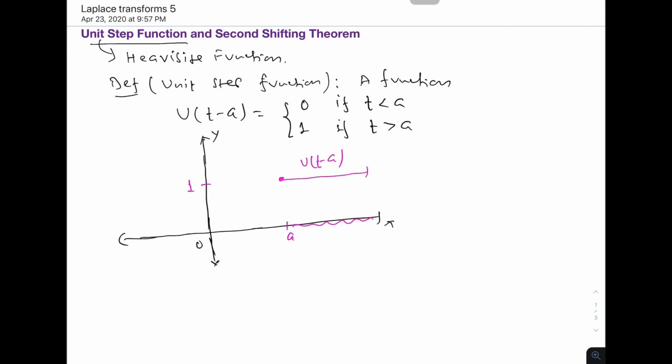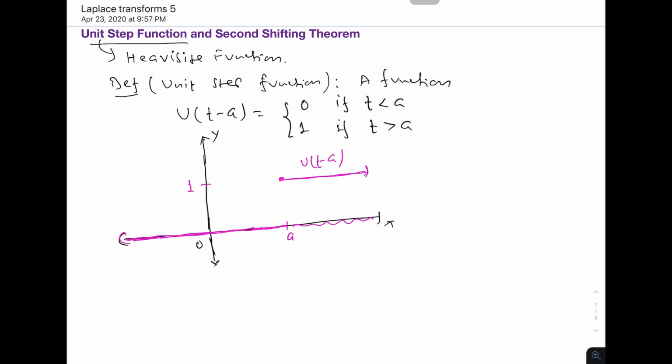So this is called the unit step function.